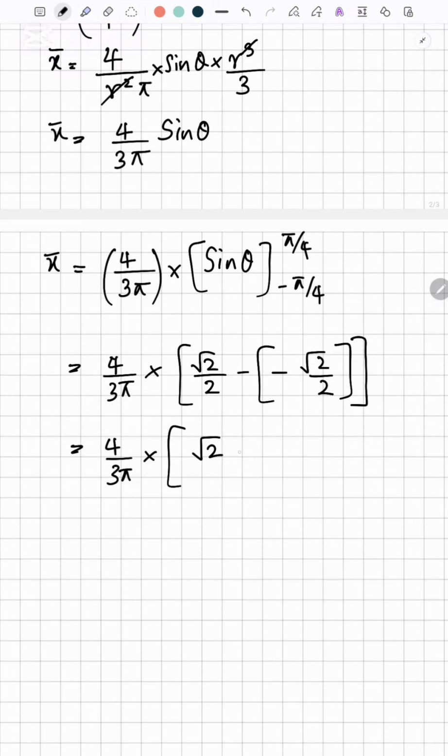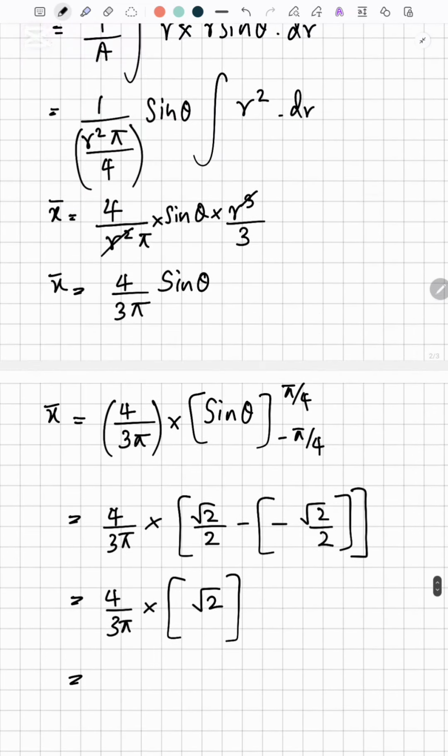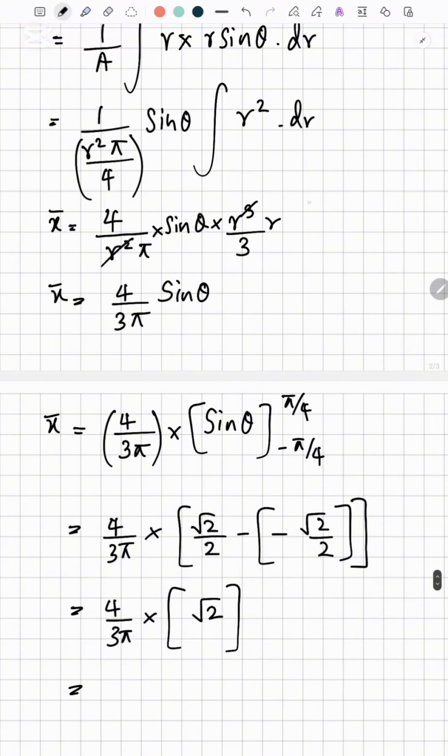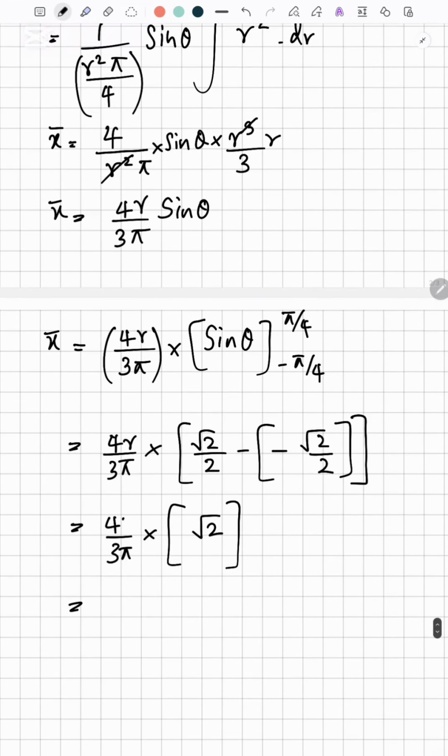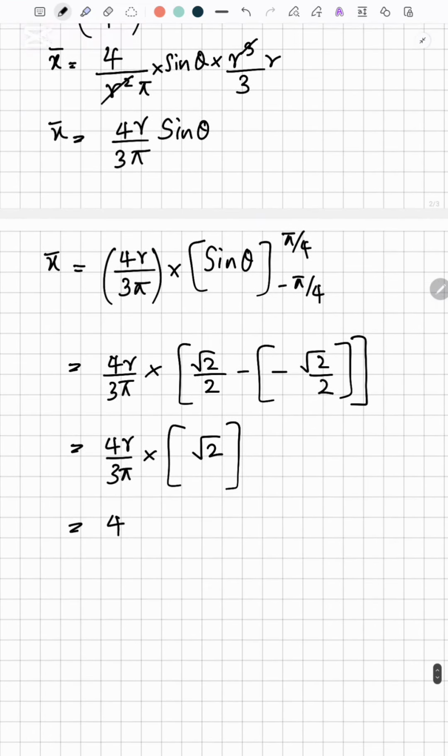So that's root 2. So you'll find out, oh wait, did I forget r? There was an r in here, right? Because when you divide r to the power 3 by r squared, there's going to be an r here. I forgot that, I'm sorry about that. So there's an r over here. So it's 4 root 2 r over 3 pi. This is your center of mass for this sector.